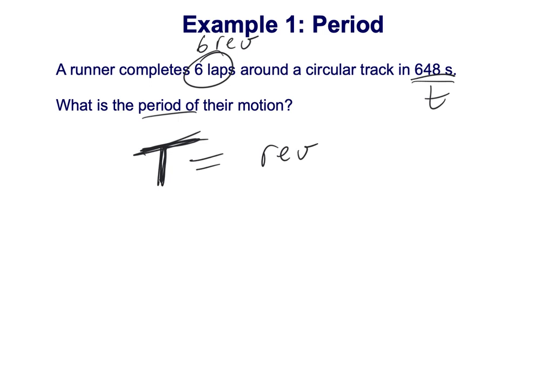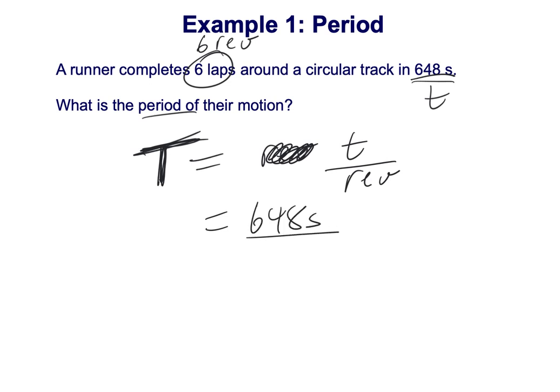So if you need an equation, period would be the time over the revolutions. So that's 648 seconds divided by 6 revolutions or 6 laps. So that comes out to be 108 seconds. So that's the period.